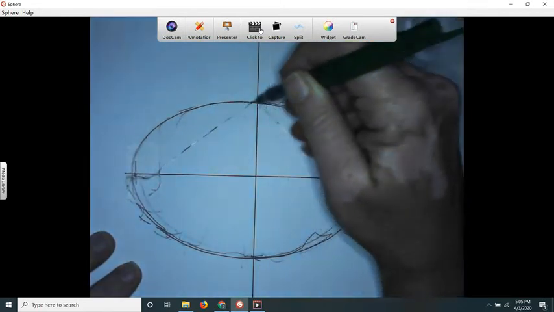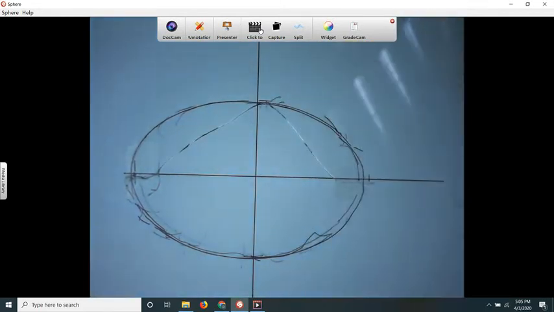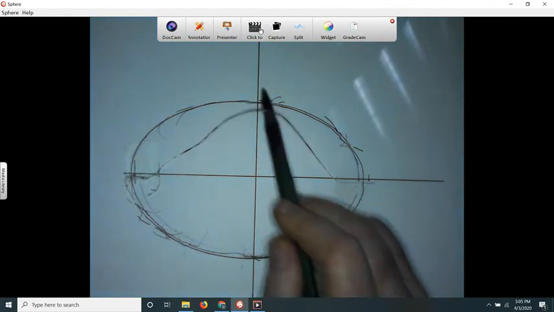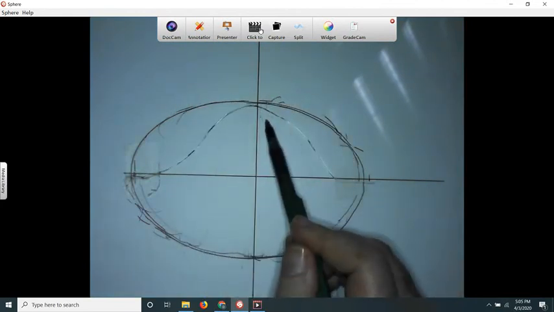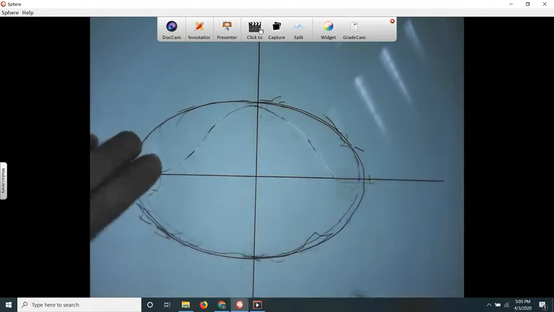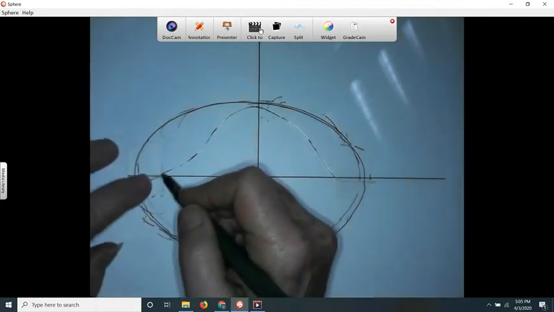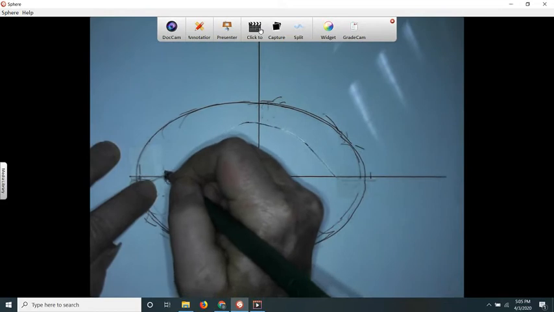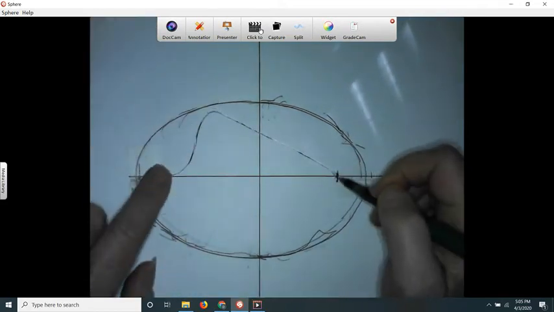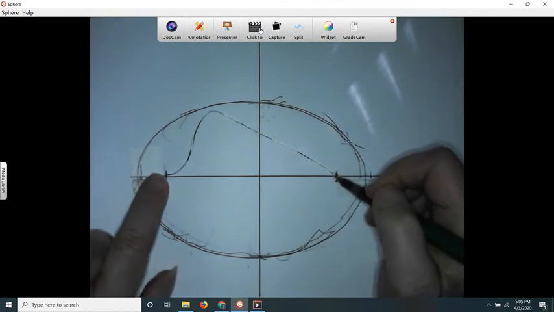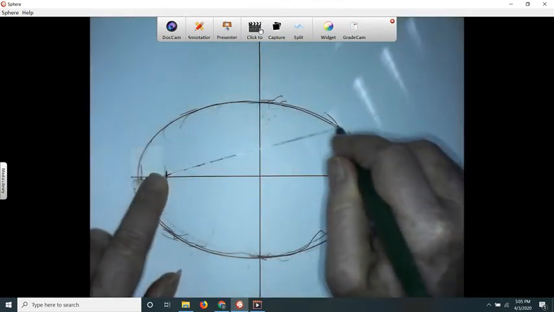The point of doing all this is that the whole time I went around, it's the same piece of string, right? I don't know if you noticed that it's attached right here and right here. That's where it's attached. So this length of the string is never changing.